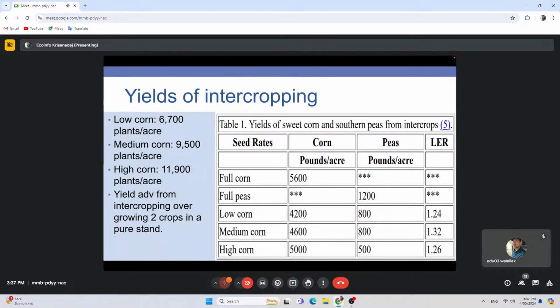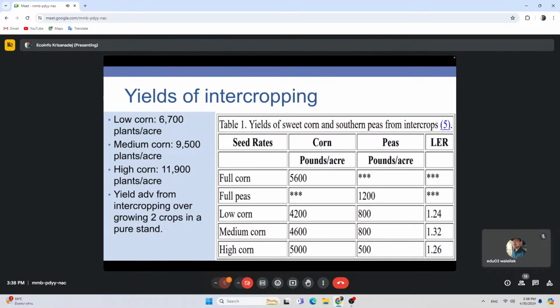What I can choose there is high corn. But you say the best LER is this. This is the productivity, but it doesn't calculate with price.